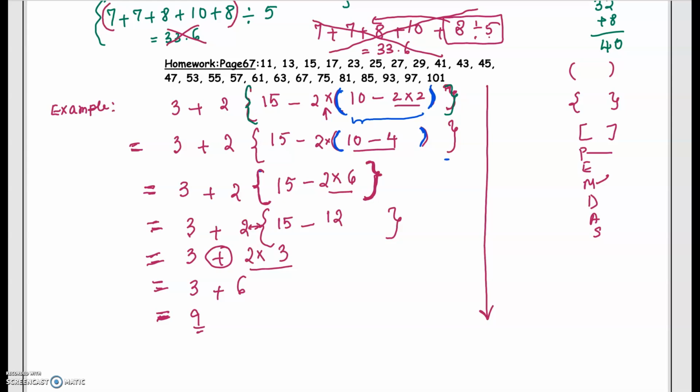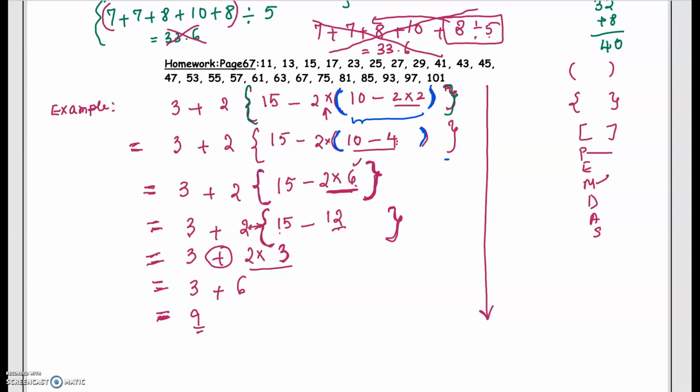So if you go back and check real quick, parentheses first, 10 minus 2 times 2 is 4, 10 minus 4 is 6. So that part is correct. Then we have 3 plus 2 times, we do the multiplication first, 6 times 2 is 12. 15 minus 12, that's where we start because it's the parentheses. 15 minus 12 is 3.